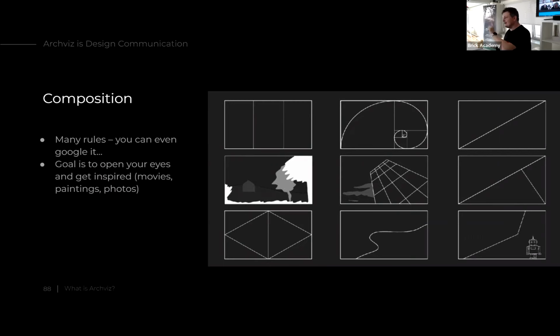You can Google it, or now you can ask ChatGPT what kind of composition rules we have. Instead of doing that, I will highlight one because it's interesting, and through that I will explain how you should evaluate composition rules and how you should use them as a tool.